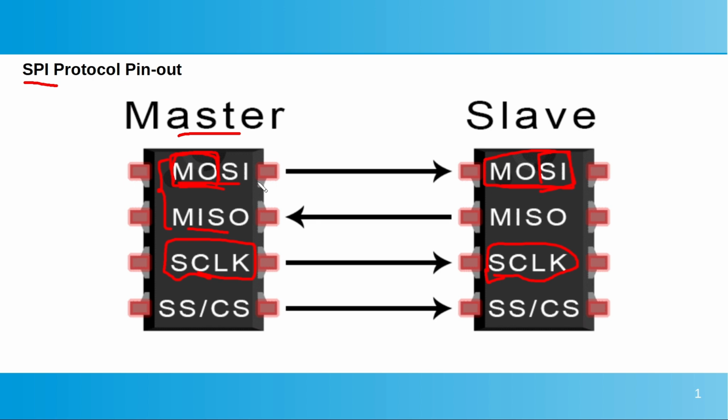Similar to the send routine, if the master wants to receive data from the slave, it must connect the MISO pin of the master to the MISO pin of the slave. So this master input channel must be connected to the slave output channel.